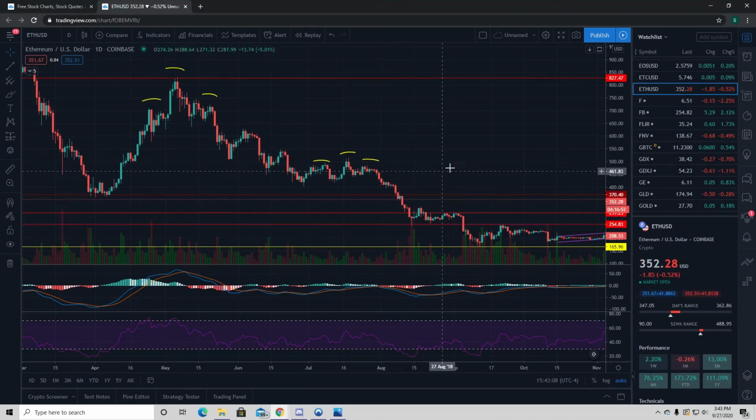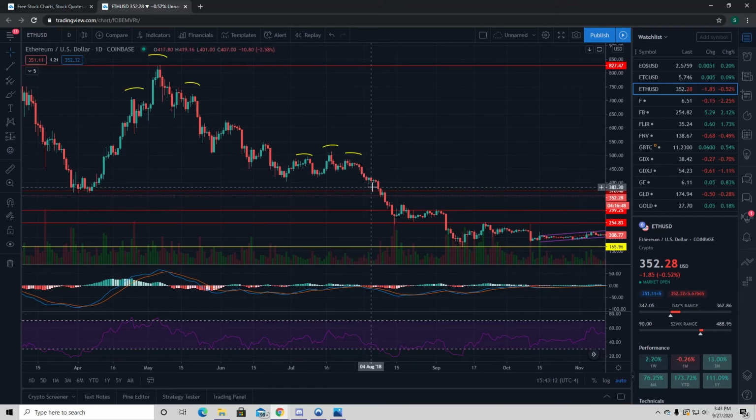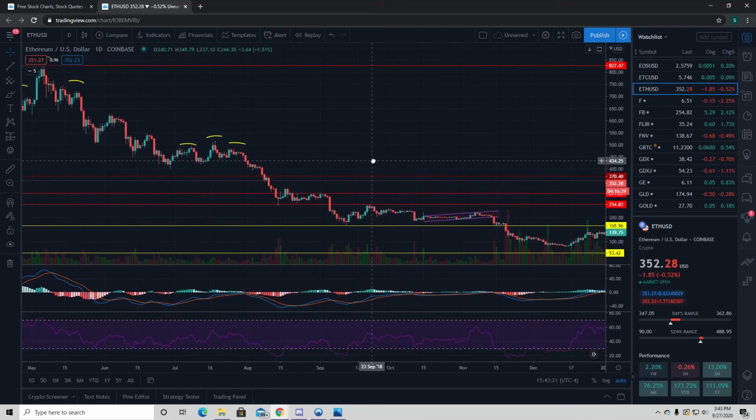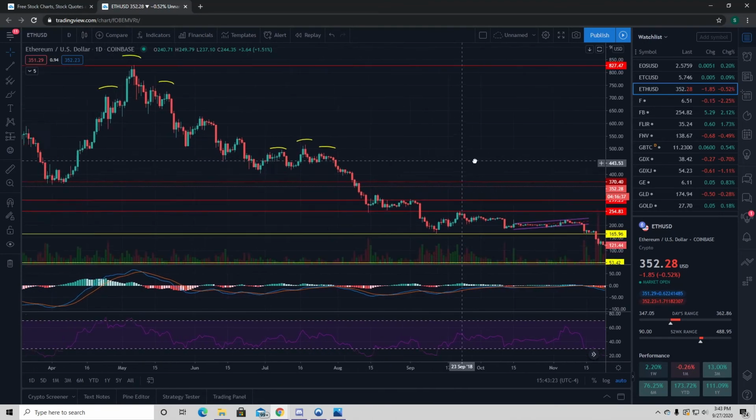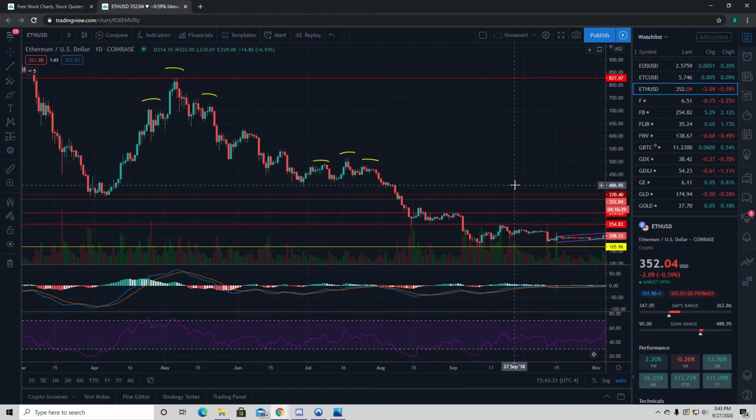On down we came. Which actually what happened is this one broke down, and then it broke down from support here and just continued. So that was a really nasty one from back in the day. Don't know if you're trading crypto in 2018, but that was about all you could do was to short positions. So not a lot of other options there.